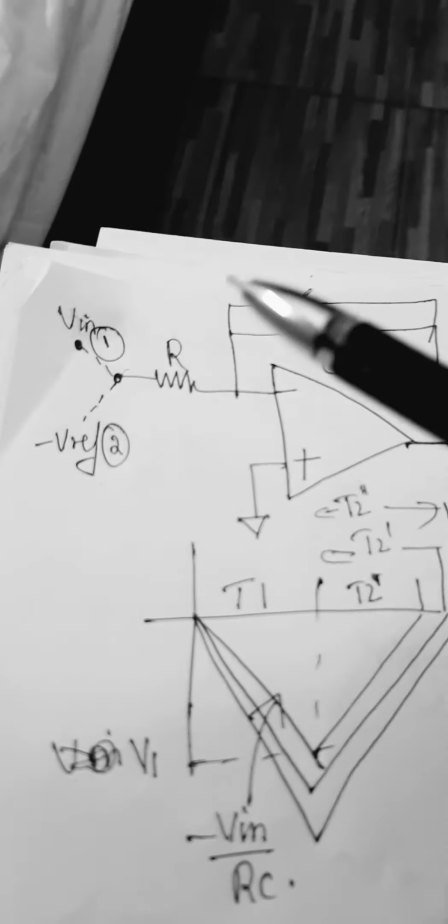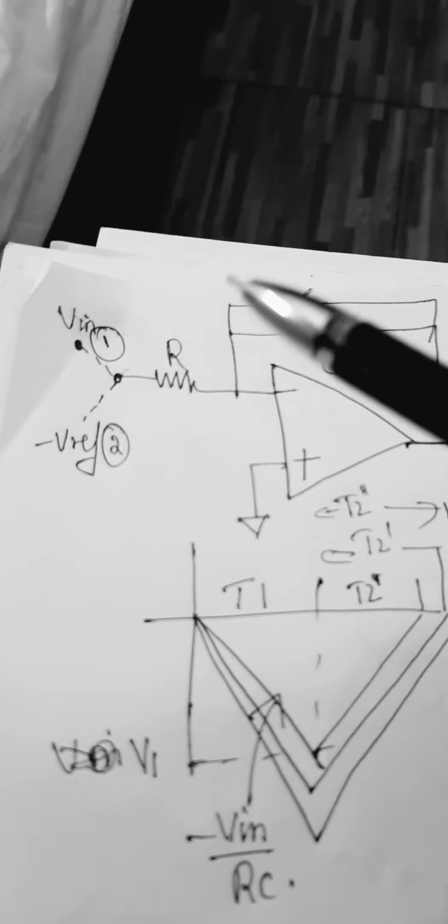Now after some particular constant time, it is shifted to V reference. When you apply the V reference, the RC is constant and V reference is constant, so the slope is constant. Depending upon how much it comes down, if it comes down a little, then it will reach zero very fast, so T2 is less.